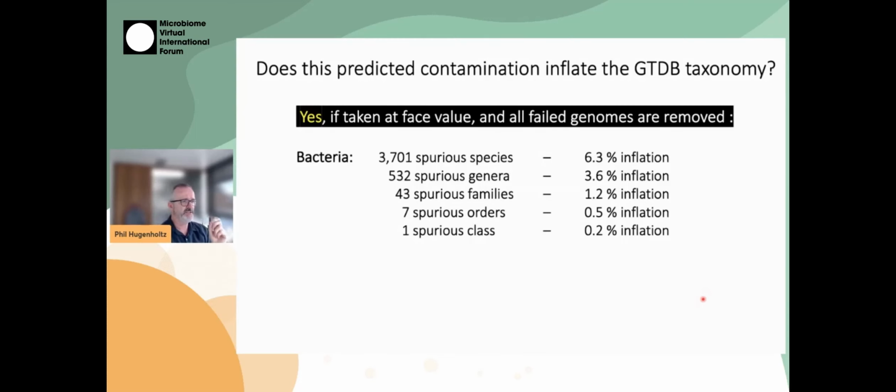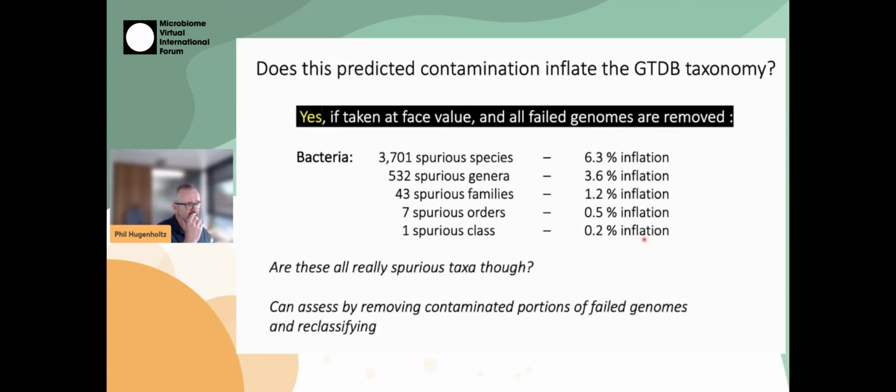So if you look at this, if all taxa that have failed genomes in them are removed, you would end up removing 3,700 species, 500 genera, 40 families or so, no phyla but 1 class. And so the inflation ranges at species level from 6% down to 0.2% for the class. So that's a significant amount of taxonomic inflation and stuff that basically we don't think exists.